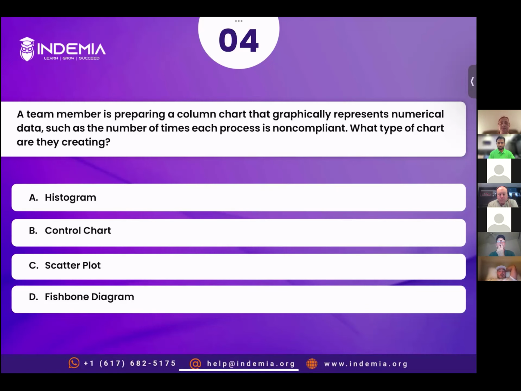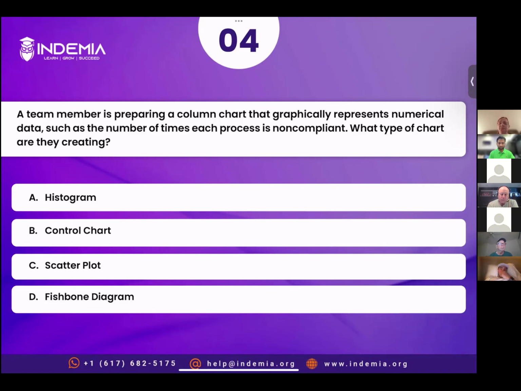All right. Thank you. Jashri, you have chosen option B. Yes, Amar. I went through the other options. Histogram, I think, is a chart prepared based on resource availability, and the scatter plot is plotting the data on a graph.